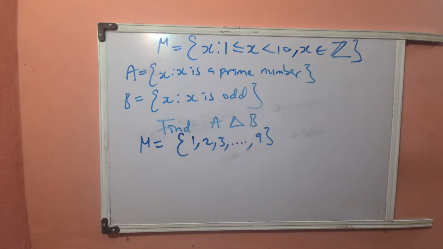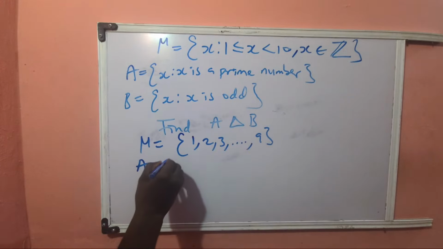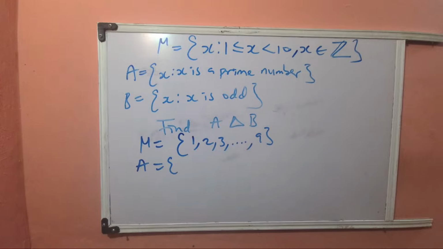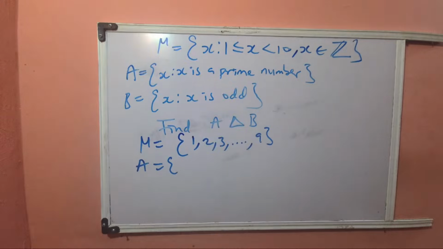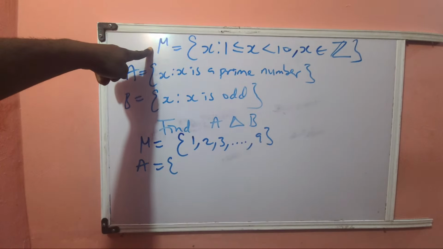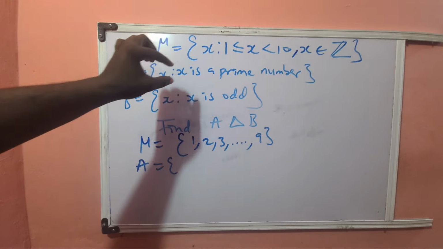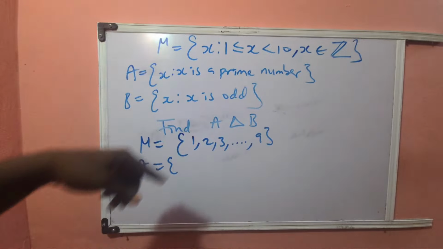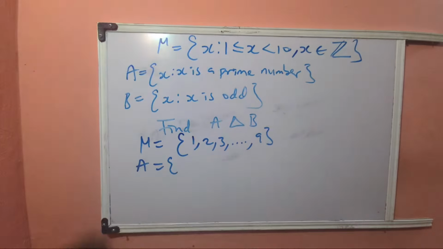All right, let's see our set A. We're told that the values there contain x and x is a prime number. Don't forget set A is a subset of the universal set, so your values will be taken from the universal set.